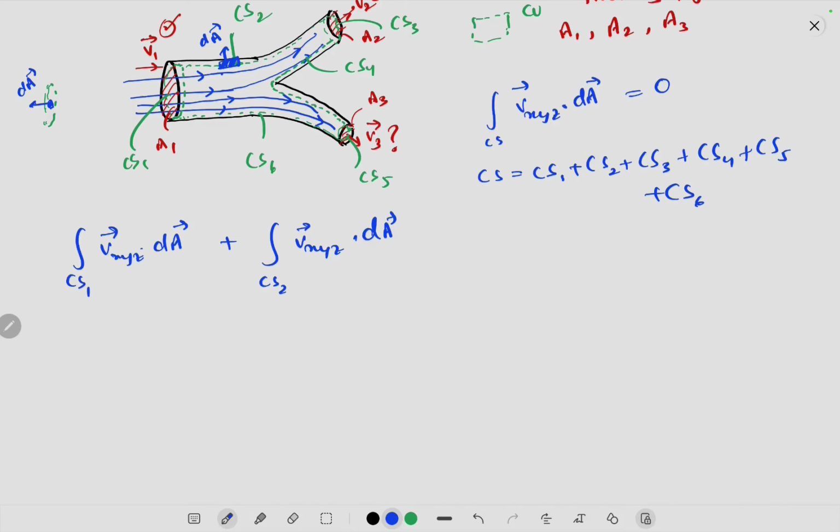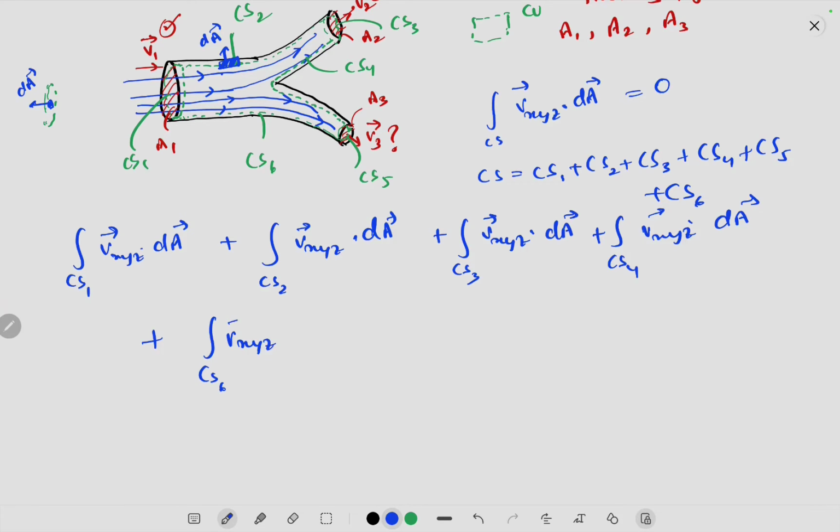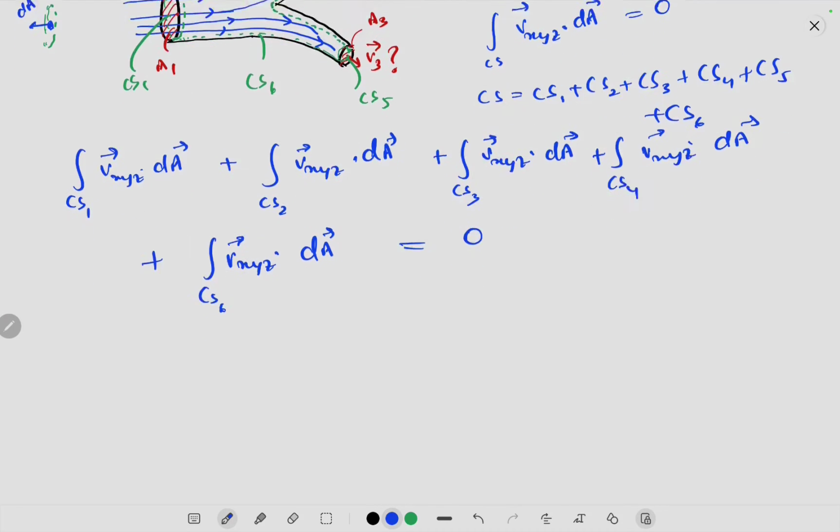Similarly this would become CS3 vxyz dot dA vector plus CS4 vxyz dot dA vector plus CS5 plus integral CS6 vxyz dot dA vector equal to 0.